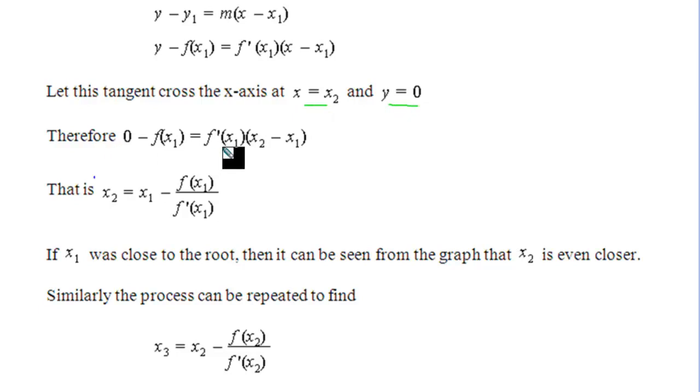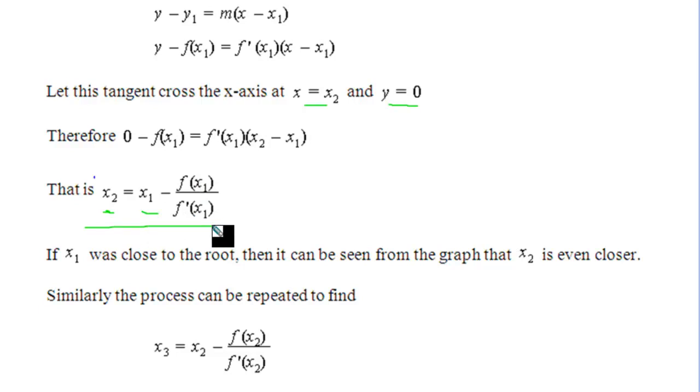We sub those values in, and then if we rearrange all this, we have the minus function of x1 divided by the derivative of the function, and then add x1, we get x2 by itself, and the new value would be the old value x1 minus the function of x1 over the derivative of x1. And there's your formula for Newton's method.